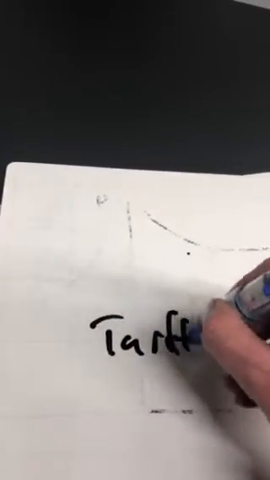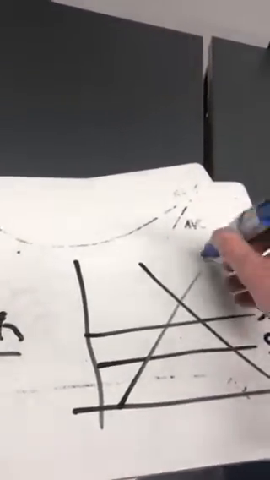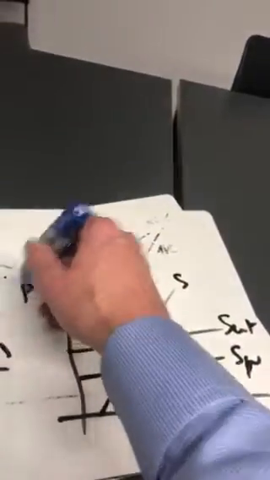Let's take tariffs. What people are tending to do with tariffs is simply draw the tariff diagram, with the world supply, supply and demand, and shade it all in, but nobody's really explaining what's going on.